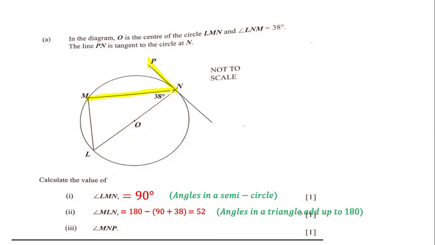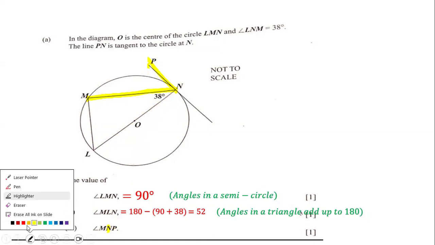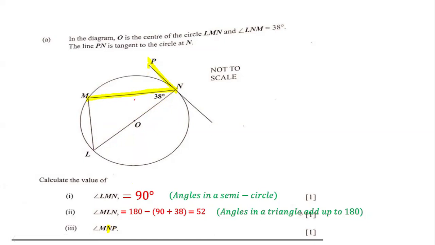So M and P. Also note that we're really focusing on the angle in the middle. So we really want to figure out the size of angle N. What is angle N?